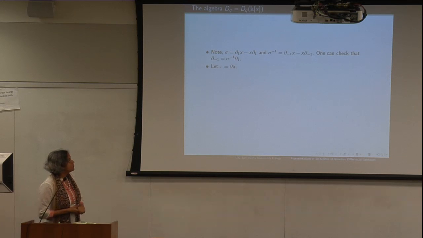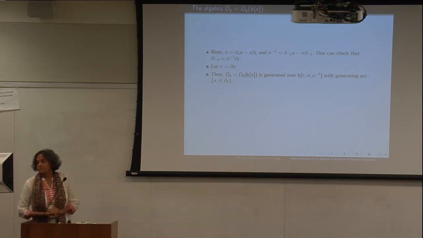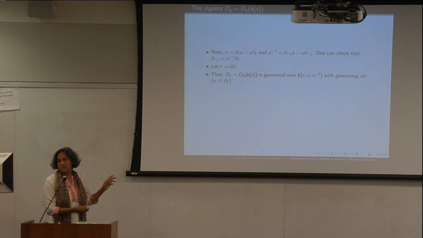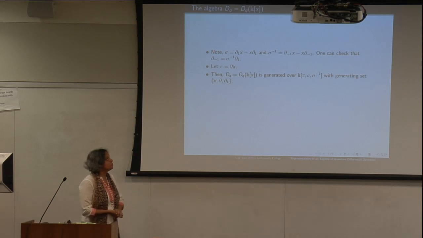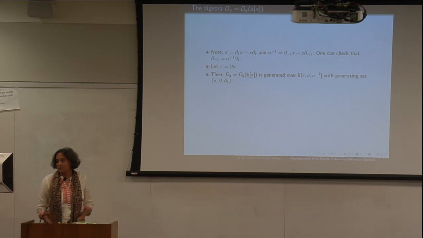So let tau be del x. Then we notice that this algebra DQ is generated over a localization of a polynomial ring, with generating set x, del, and del 1.